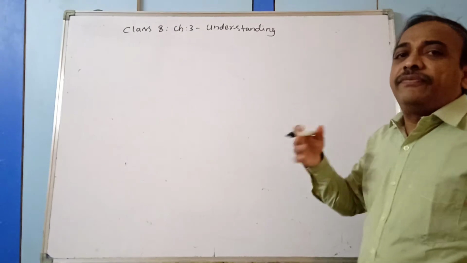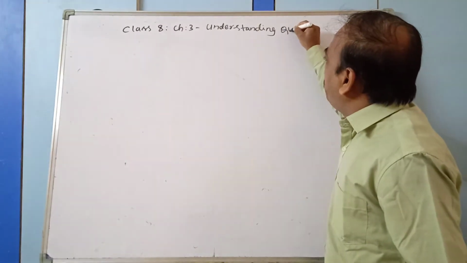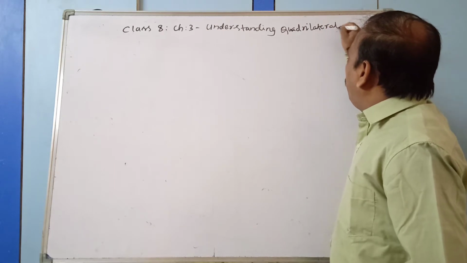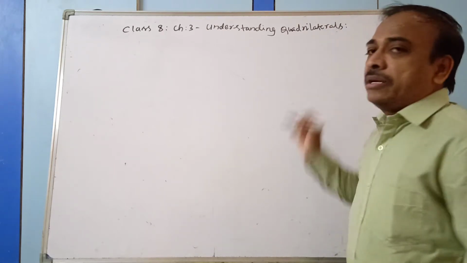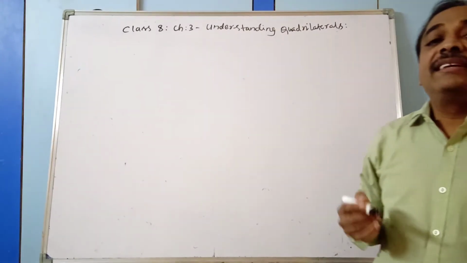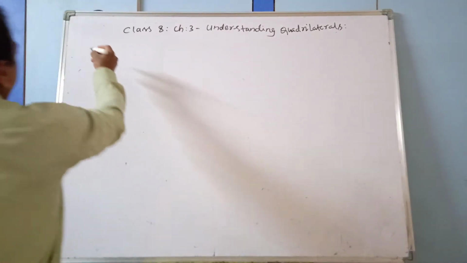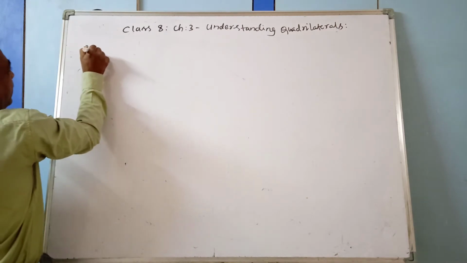And the sum of exterior angles of any polygon is 360 degrees.